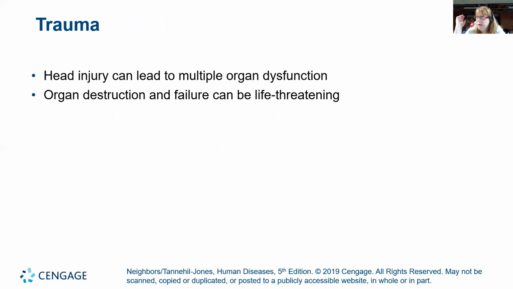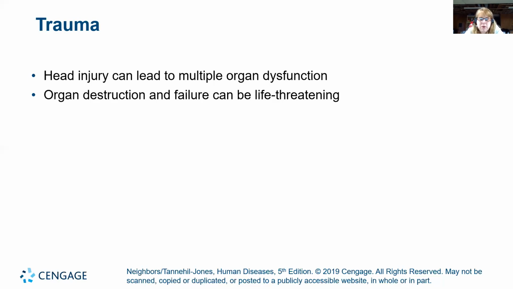So in each chapter, we always talk about what trauma would do to this system. So trauma, okay? A head injury can lead to multiple organ dysfunction. And when the organs start not functioning right, okay, the hormone levels are going to get affected. These are all things we almost forget about when someone's had a car accident or a head injury.